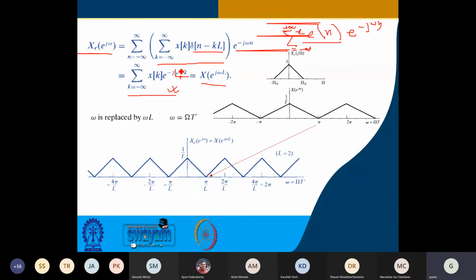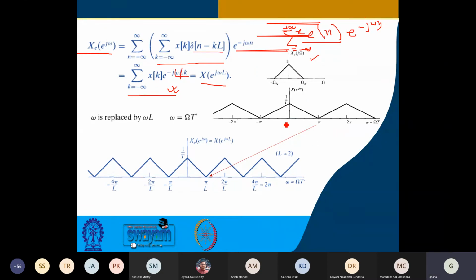Now, what is its implication? If your original X_c(j omega) is like this, a band limited signal as usual, and you have sampled it at such a rate, just enough to avoid aliasing, then this is getting expanded and this is up to pi, right? So this is 1 upon T, whatever T you have chosen.